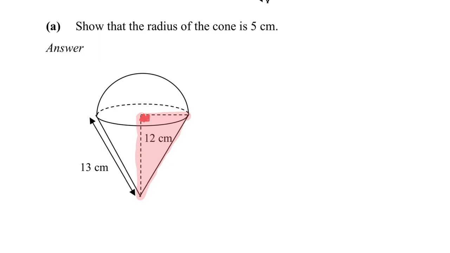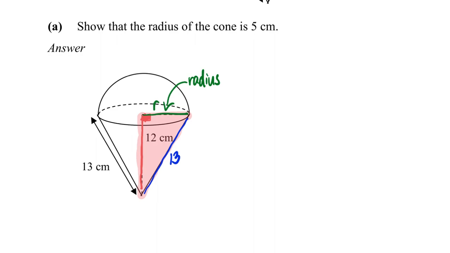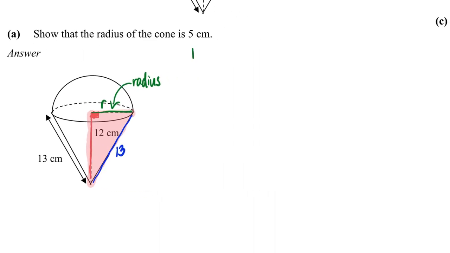And also do take note that this particular length is 13, and I have my height here and my radius happens to be this. So I'm going to let this be r. This is my radius. So it will be good to let people know that we are going to let r be the radius.